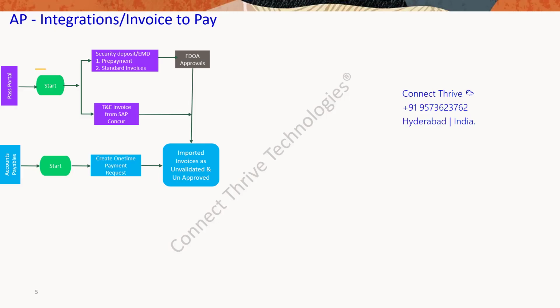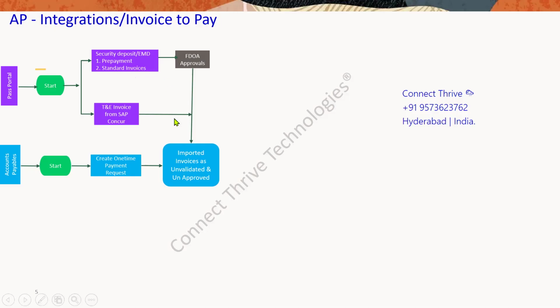In this case, they create all these security deposits or prepayment invoices from the external PaaS portal. From there they interface to the AP module. At that time, these advances, prepayments, EMD deposits and all will be used.